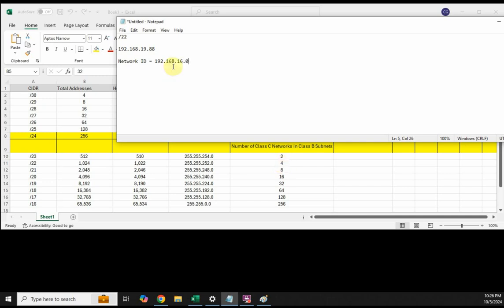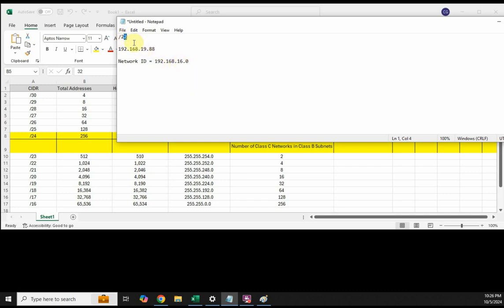Why? How many Class Cs can go into this network cleanly? 4 goes into 19 4 times. 4 times 4 is 16. There's your network ID. That's it. I'm done, because the next network ID is going to be .20.